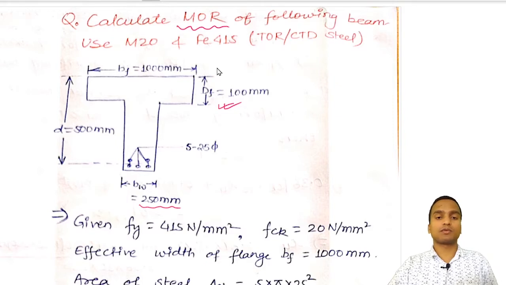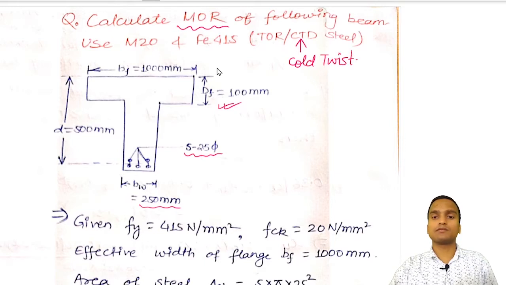And it is also provided that we have used 5 steel bars of diameter 25 mm. We can use M20 concrete and Fe 415 steel, and this steel is also known as Tor steel. Tor is because a company from Luxembourg named it Tor, and it is also known as HYSD steel, high yield strength deformed bars, or cold twisted deformed steel.